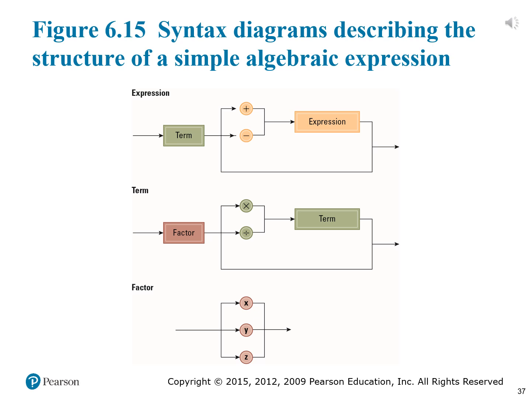The second diagram describes a term as consisting of either a single factor or a factor followed by an asterisk or division symbol, followed by another term. Finally, the last diagram describes a factor as one of the symbols x, y, or z.